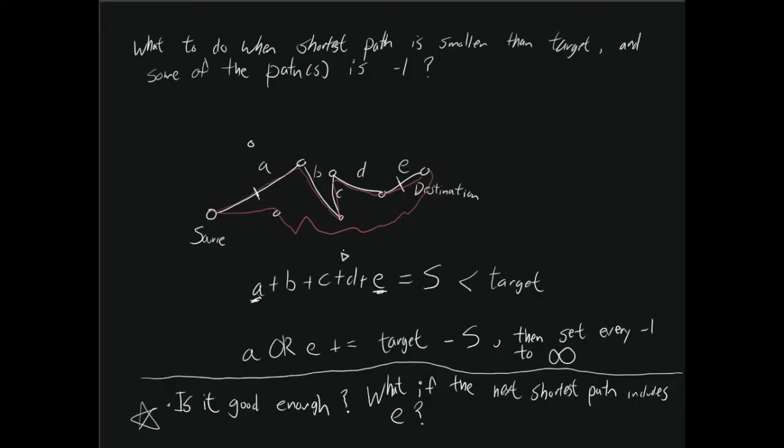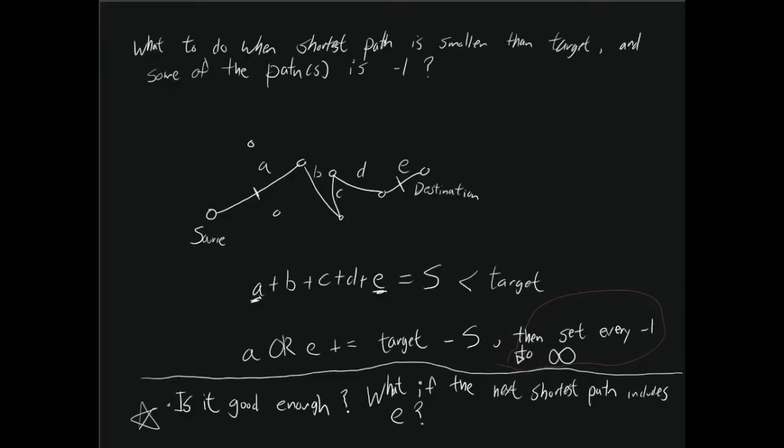But I do not want that. So I'm going to make every -1 outside of this path infinity, because if this path becomes the shortest, then this will be the answer. That's why I'm doing that.